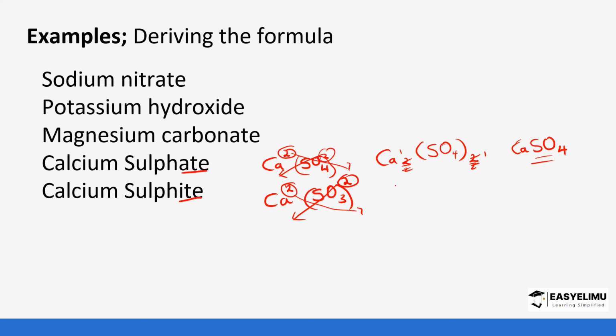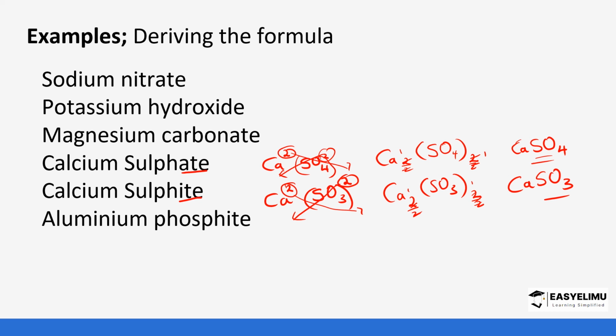So it becomes calcium with a 2, then bracket SO3 with a 2. Since this can be cancelled out, we cancel them out, and we do not write 1, so it becomes calcium. We remove the bracket because it's just 1, SO3. So that becomes calcium sulfite.